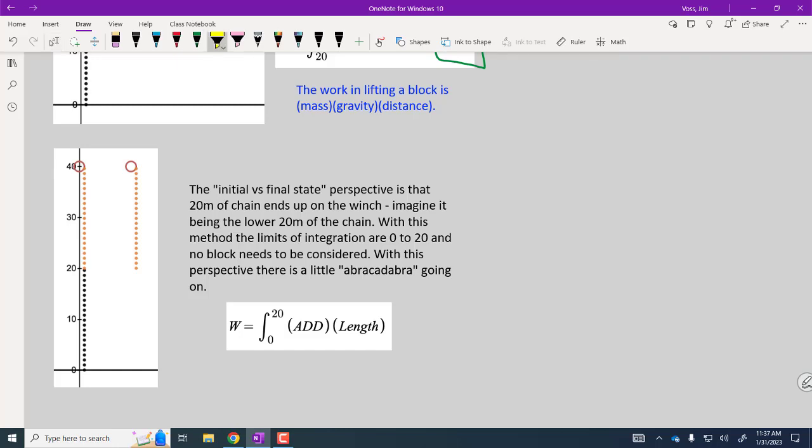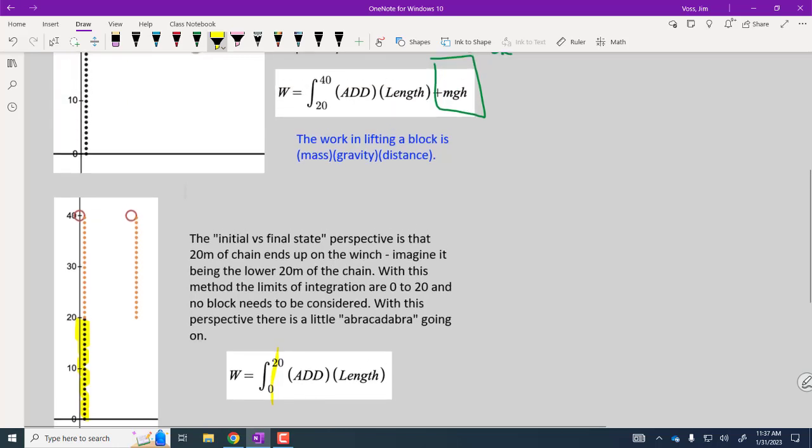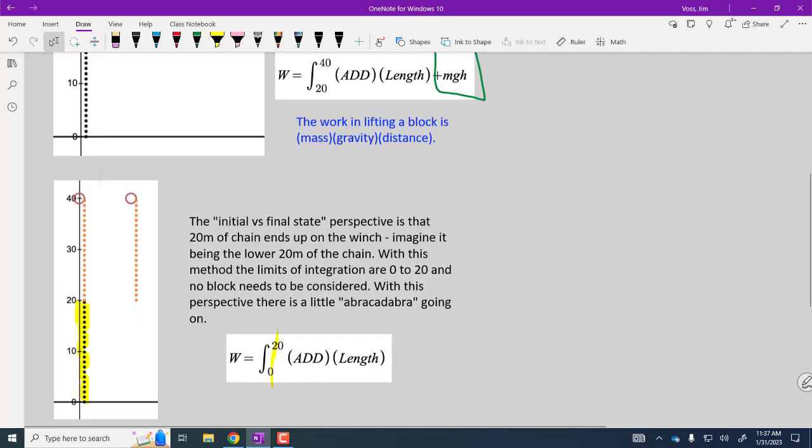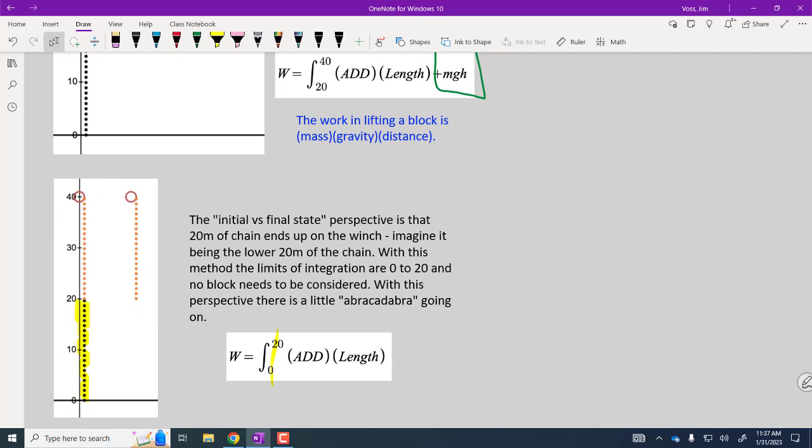If we zip the bottom half up to the top, then we're focusing on the links from 0 to 20. And then we do ADD length, and we will get the exact same answer as we will get here. It's not super intuitive to me. Maybe it is to some of you physics people. But that is the quick and dirty way to do it, is to imagine these going through a little wormhole and ending up there, and that will give us the same answer.